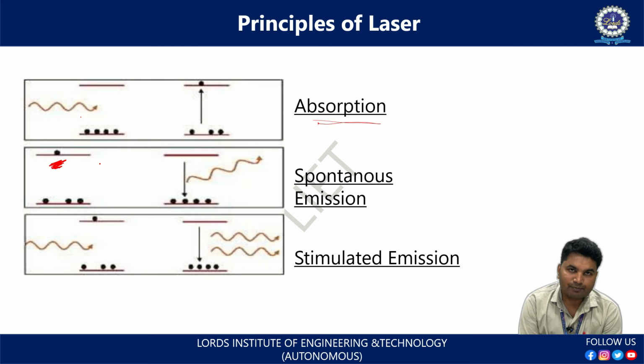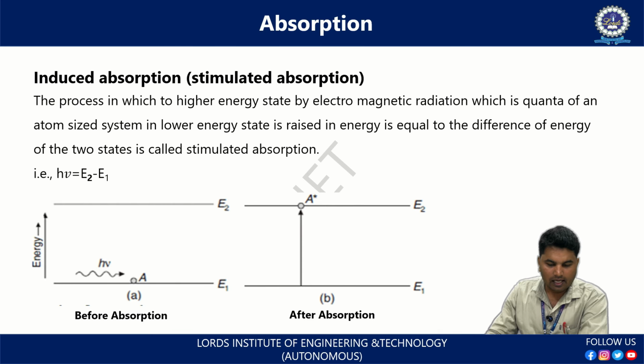Then after spending an average lifespan or the lifetime in the excited state, the atom is coming down on ground state by emitting photon of energy on its own. Such phenomena is termed as spontaneous emission, whereas stimulated emission requires a photon of energy to bring the atom back to ground state. So let's see all this principle in the coming slides.